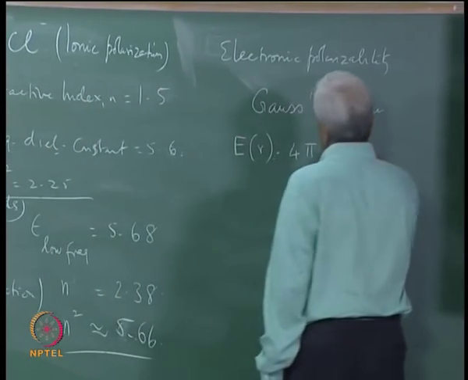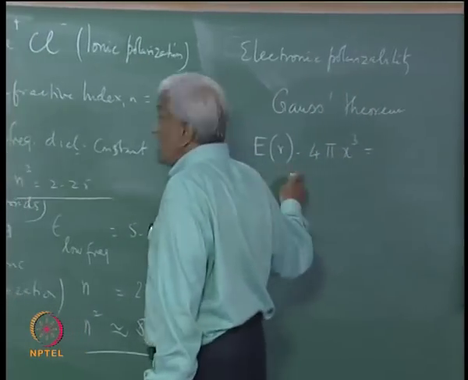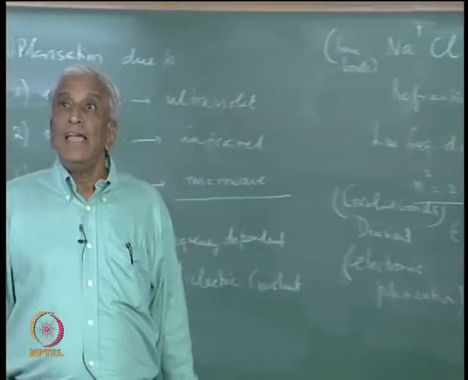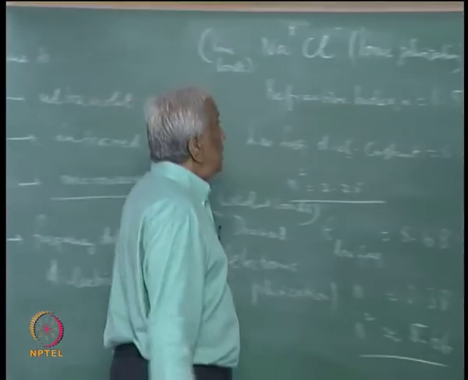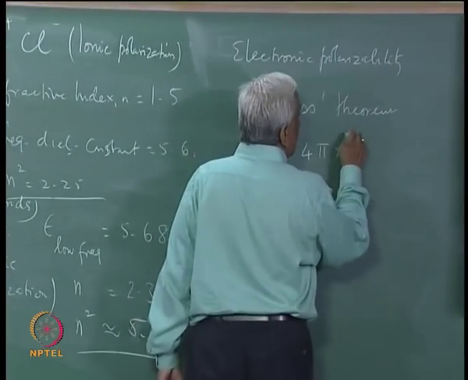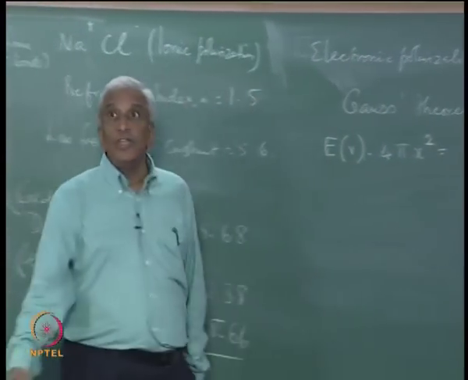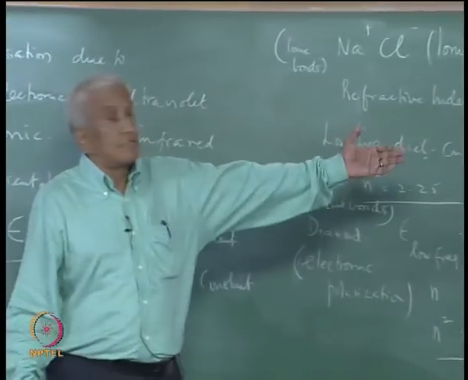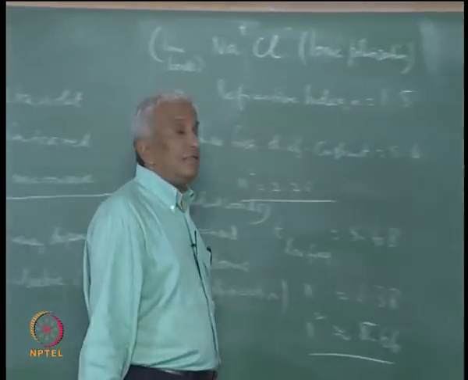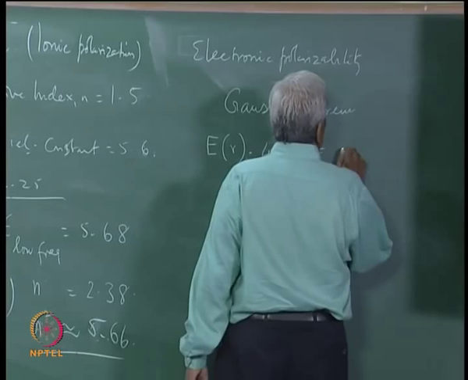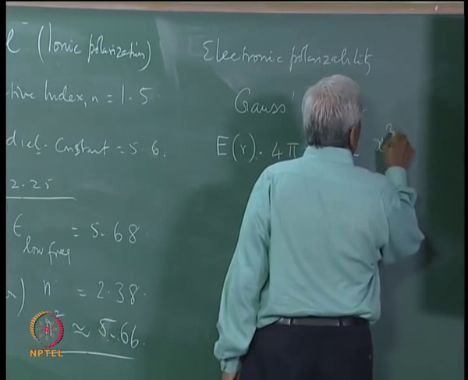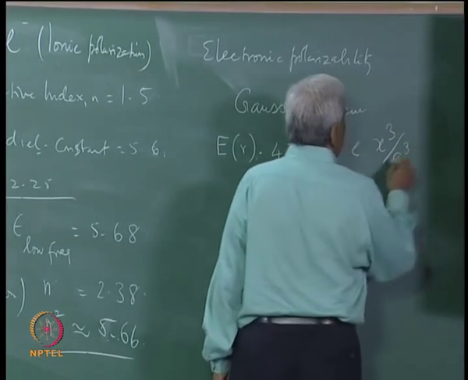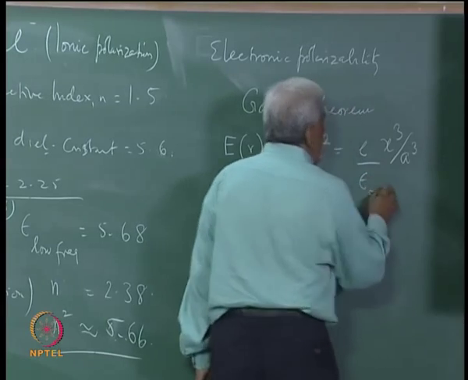Therefore, this will be the electric field, and this is Gauss theorem giving you the flux due to the electric field, and this is given by the charge divided by epsilon naught.